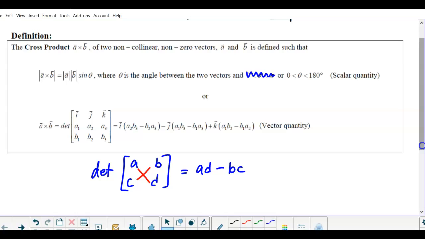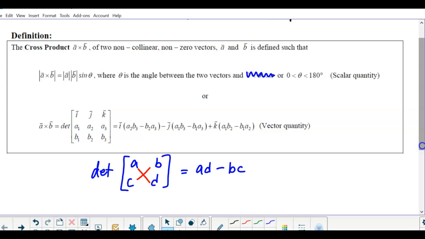When you get to a 3x3, take a look here. This is just in general, not for vectors, this is how to take the determinant. But now with vectors, because we're dealing with 3 components, there's one of the vectors A, there's the other vector, those are the components.